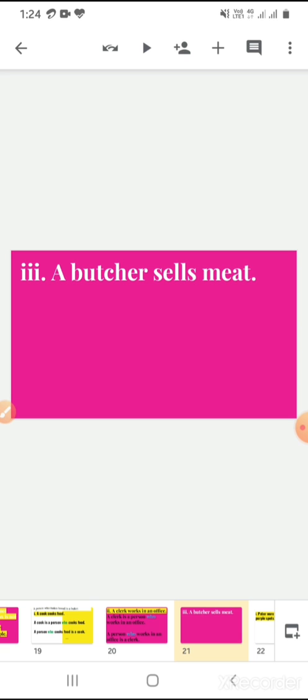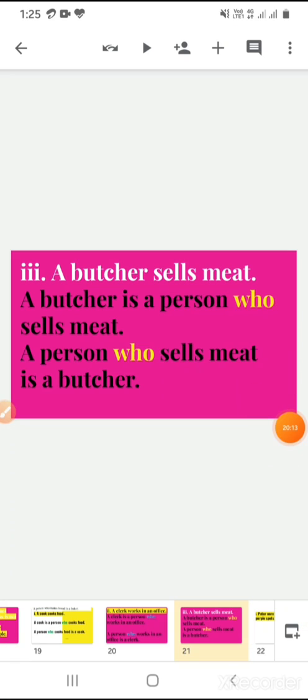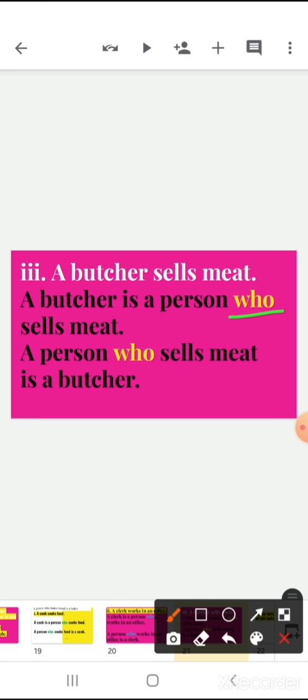How we have to use who in this sentence to make two? A butcher is a person who sells meat. Done? A person who sells meat is a butcher.